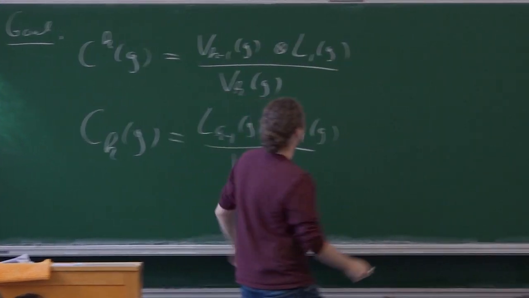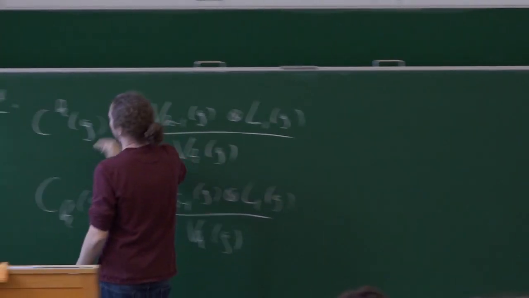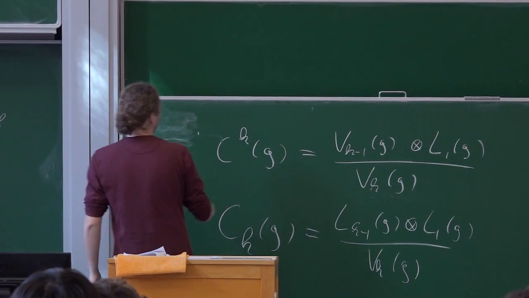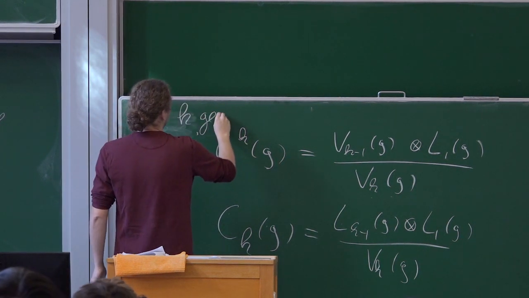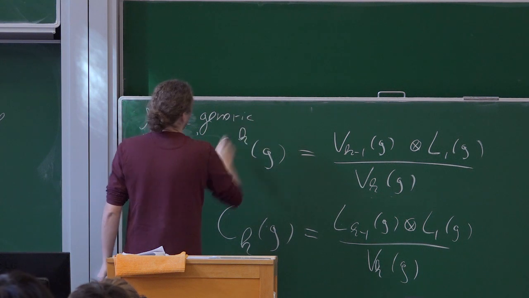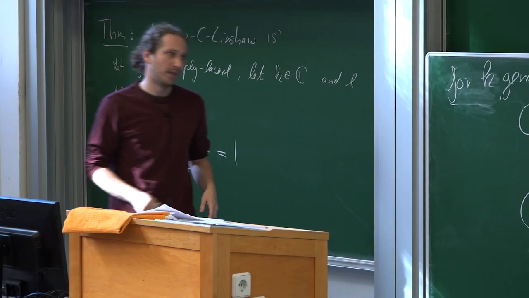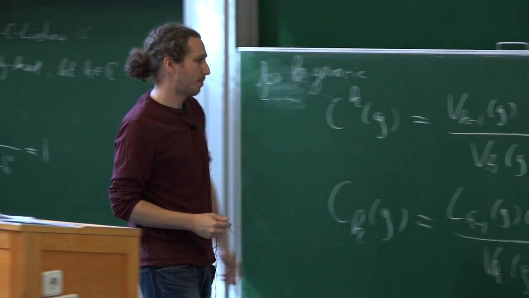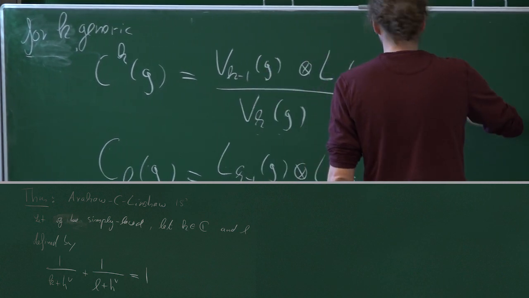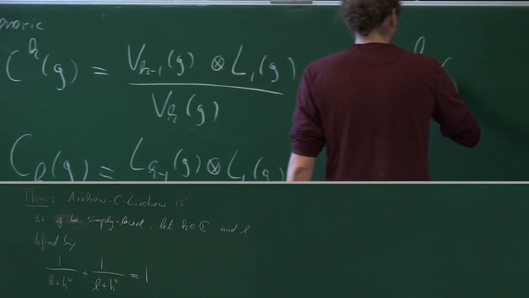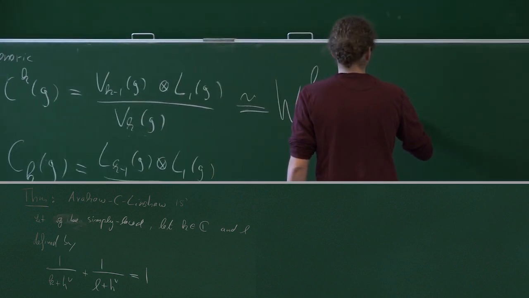And then the statement of this theorem is, for k generic, and generic means really any complex number except for certain negative rational numbers, this coset is isomorphic to the W-algebra of G at level l for the regular embedding.